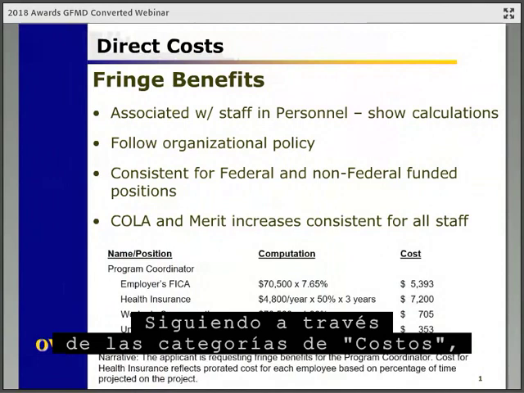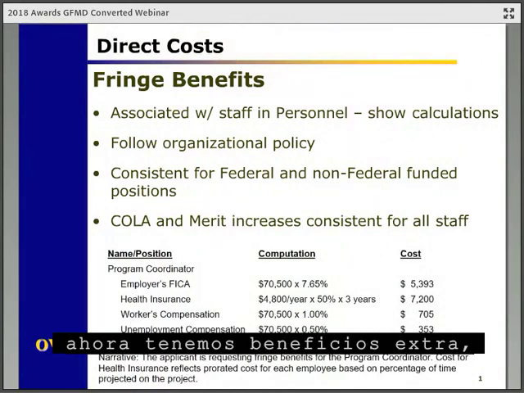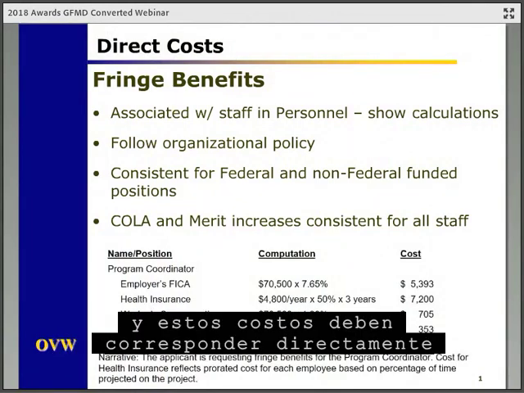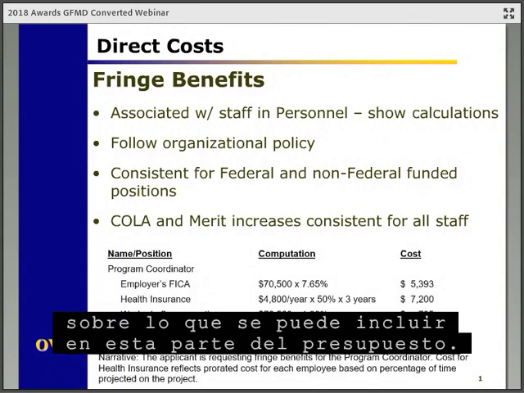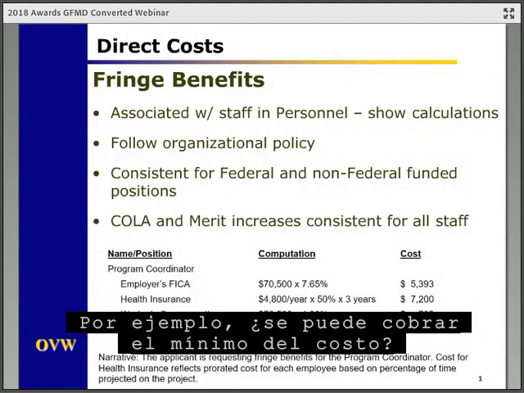Continuing through the cost categories, next we have fringe benefits, and these costs should correspond directly with the staff costs from the personnel category. There's sometimes confusion as to what can be budgeted here for fringe benefits, like can you only charge the bare minimum types of costs?